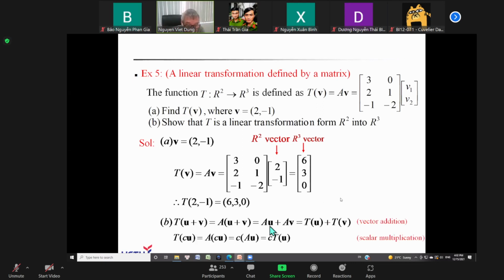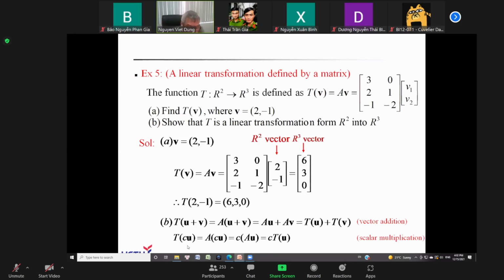The next one, you need to verify two properties of a linear transformation. T of U plus V equals A multiplied by (U plus V). However, you know that matrix multiplication satisfies that property, so here you get TU plus TV.